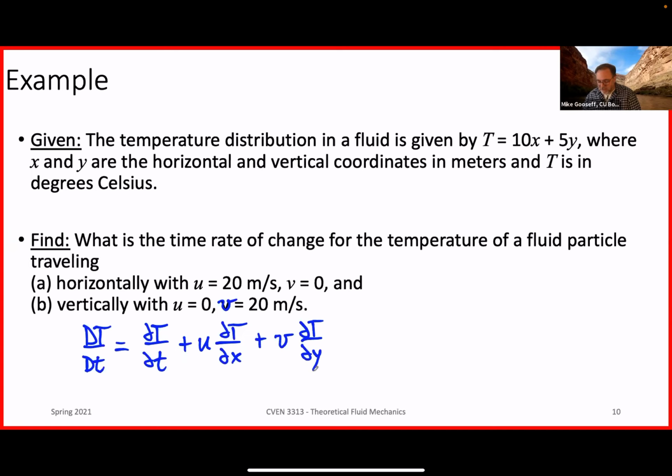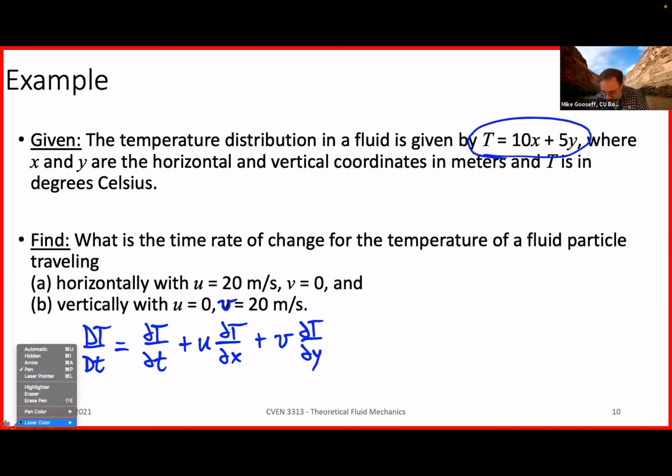And we're given these 2 cases where we know u and v. So we'll get to that in just a second, but first we need to take the derivative of that equation, both in time and in space, to be able to inform the equation that we have here, okay? So the first thing that we'll do on the next slide here is calculate this first.